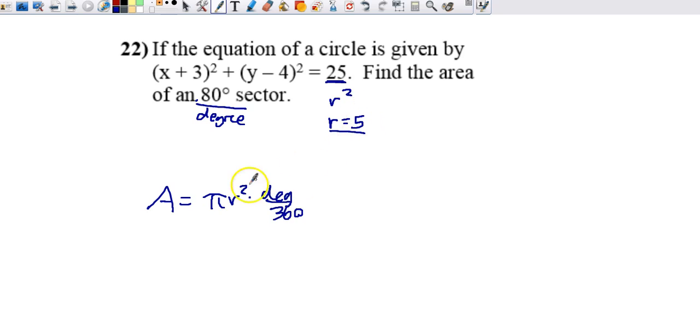We're going to plug in our 5 and our degree. So pi times 5 squared times 80 over 360. And that's going to get me about 17.45.